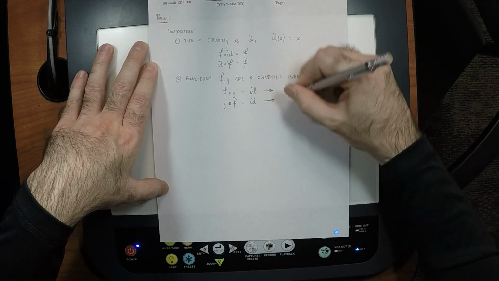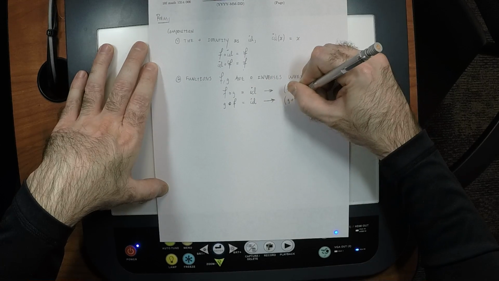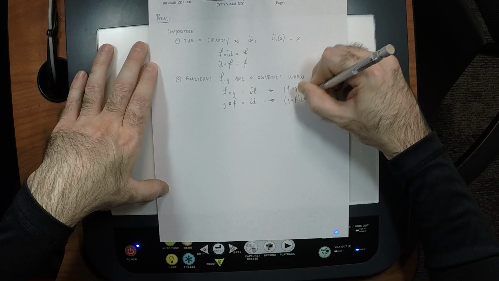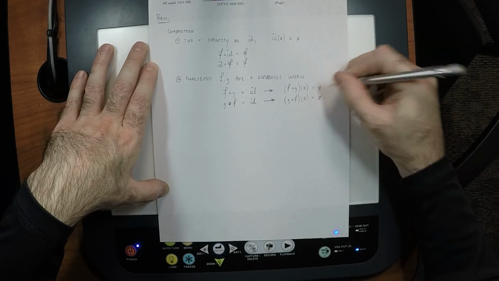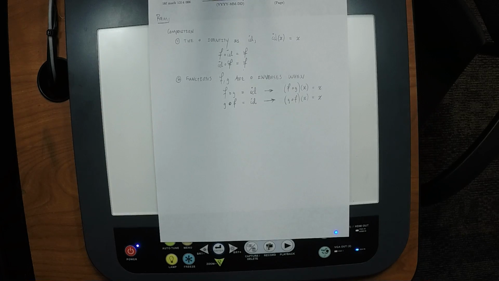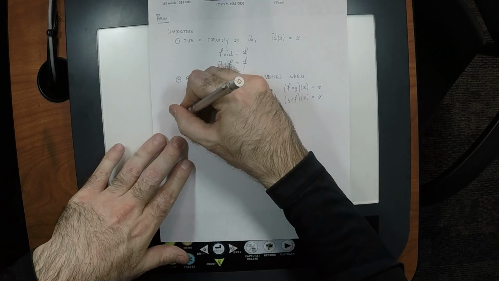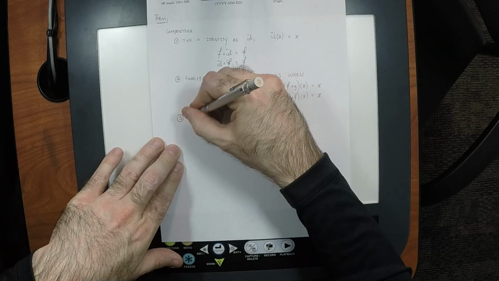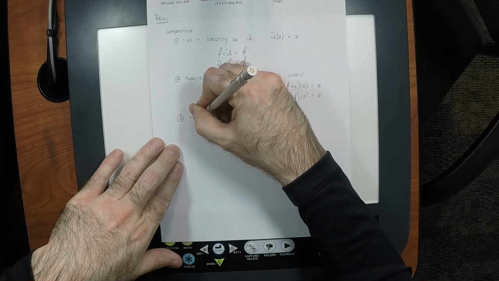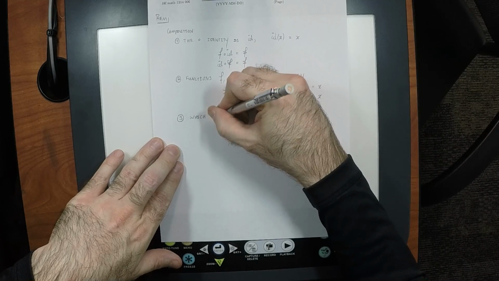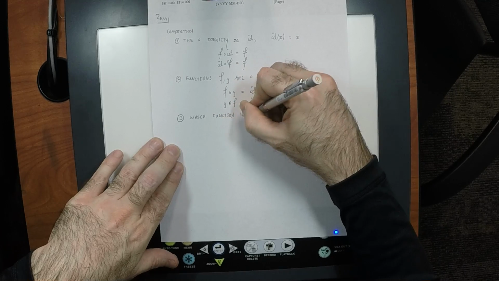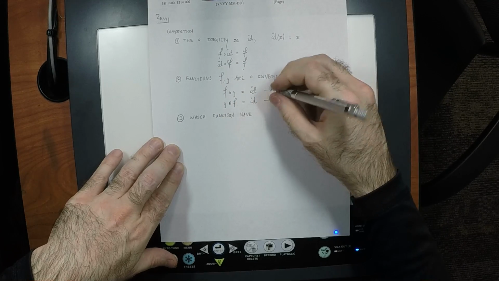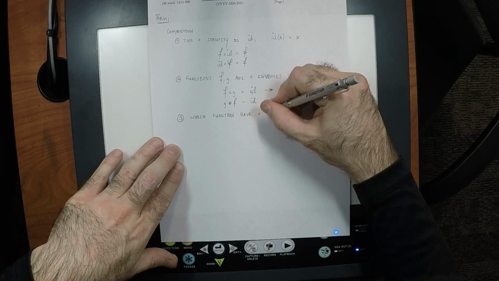And similarly, if we evaluate this one at any x, what should we get? x. Okay. 3. Now the question is which functions have a compositional inverse?